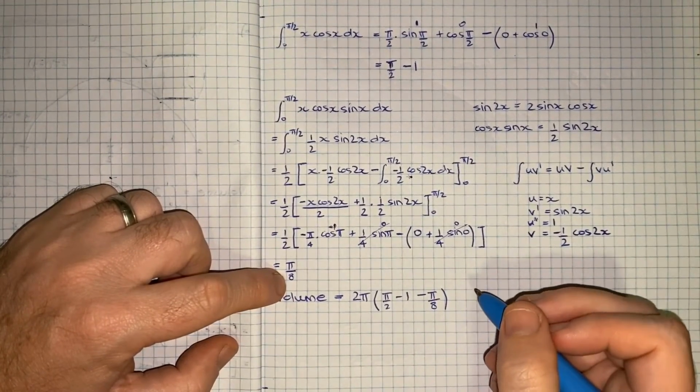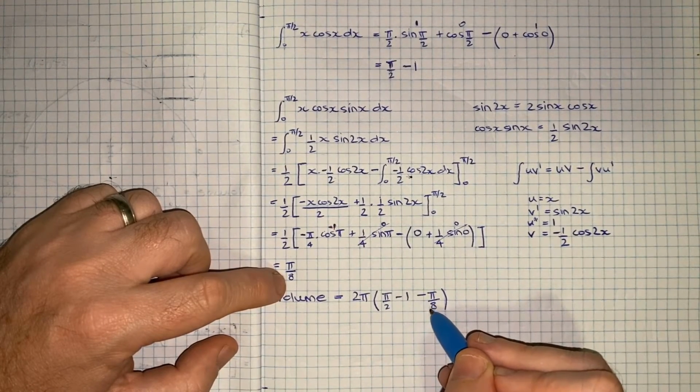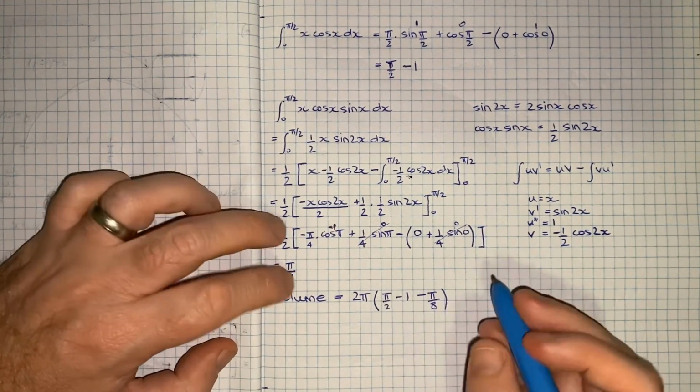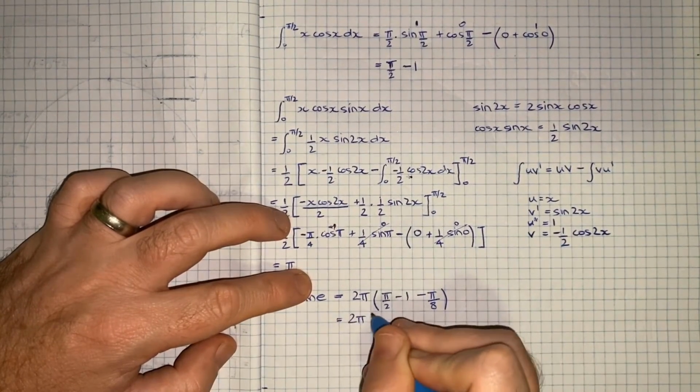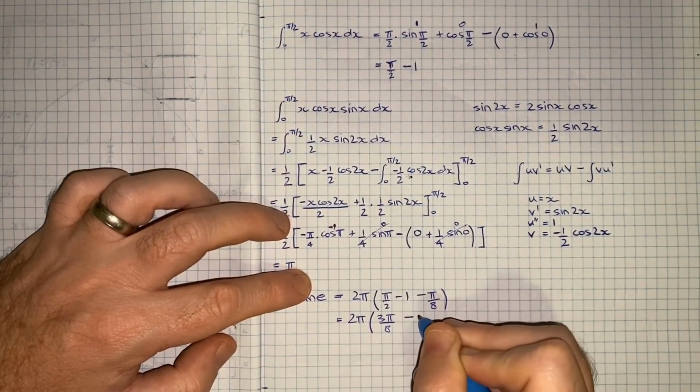Okay, so the pi on 2 minus the pi on 8 would become, that's 4 pi on 8, 4 minus 1 is 3. So we're going to get 2 pi times 3 pi on 8 minus 1.